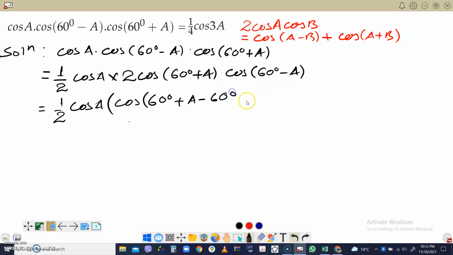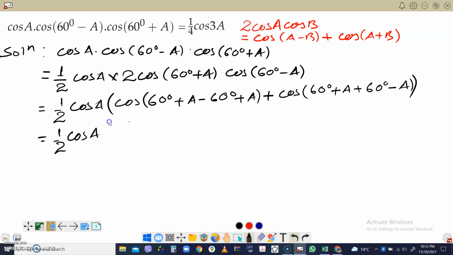So 60° + A. We are done with that cos(A − B). Now plus cos(A + B). So cos, our A is again 60° + A and our B is 60° − A. Now close the bracket.